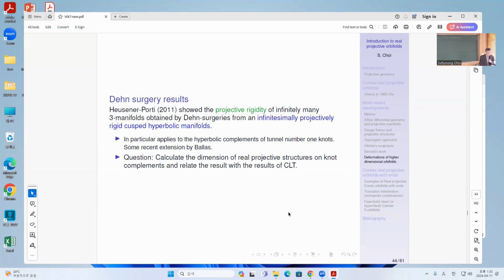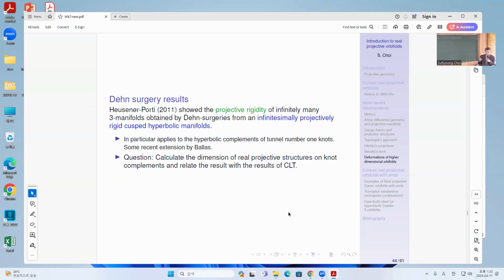And then next, there were some results on Dehn surgery. Heusener and Porti showed the projective rigidity of infinitely many hyperbolic three-manifolds obtained from Dehn surgery on infinitesimally projectively rigid cusped hyperbolic three-manifolds. So you have some cusped hyperbolic three-manifolds, and you can show that they're projectively rigid relative to the boundary. There's some cohomological condition.